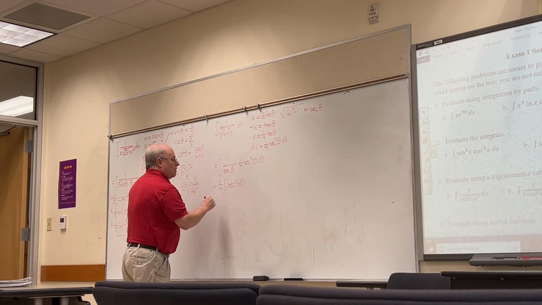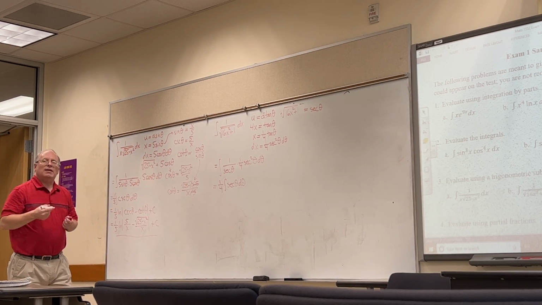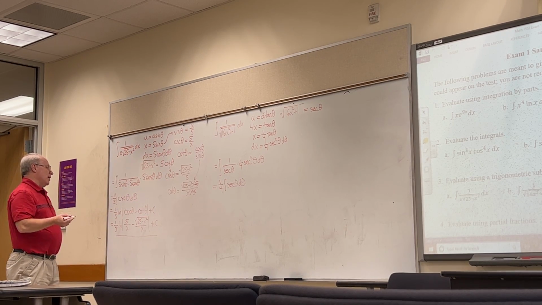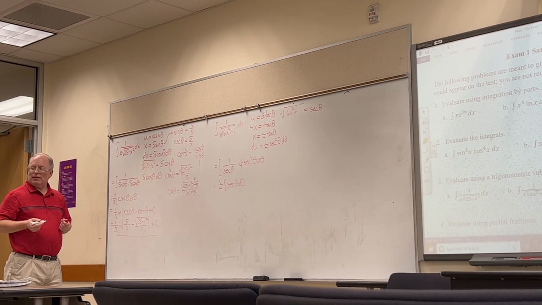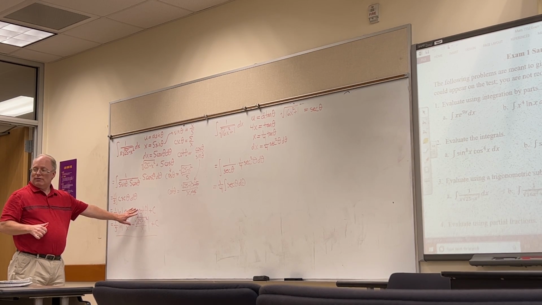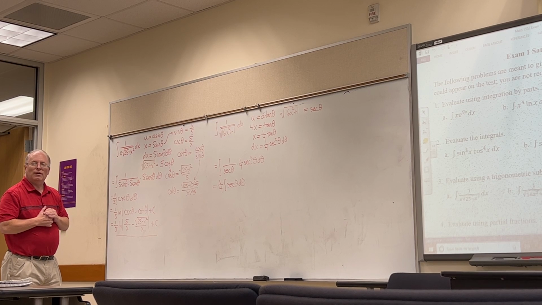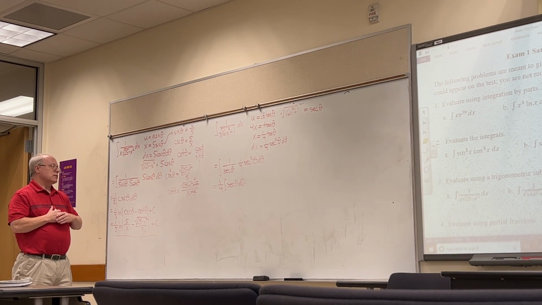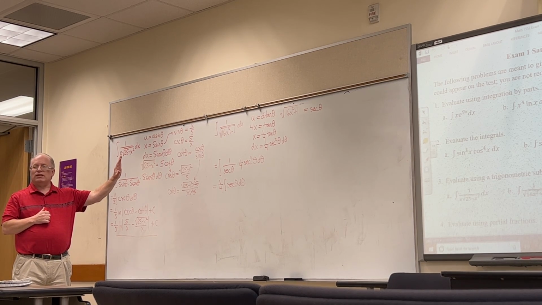So you would just need to integrate secant of theta, and then, like in the previous problem, get it back in terms of x at the end. So this one is easy. From this point on, it's similar to what we did here, so I'll leave the rest of it up to you.